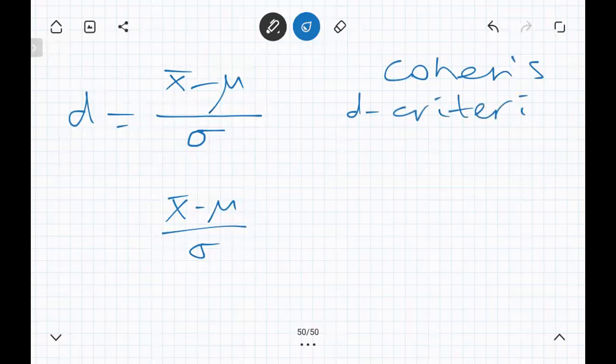If instead you use the sample standard deviation, then the same thing is called effect size.